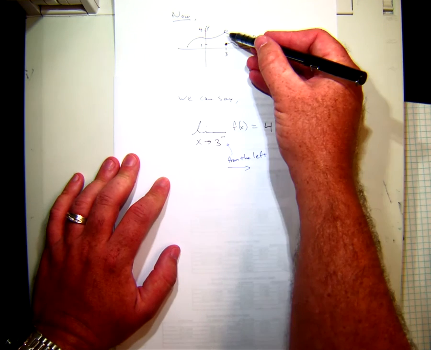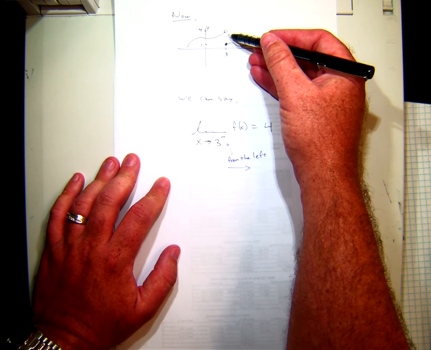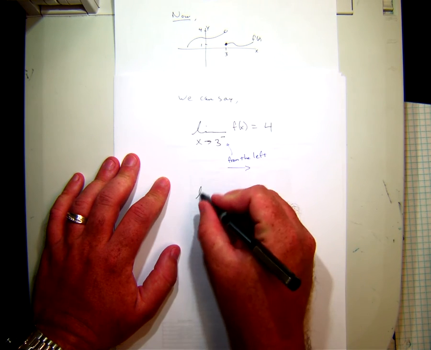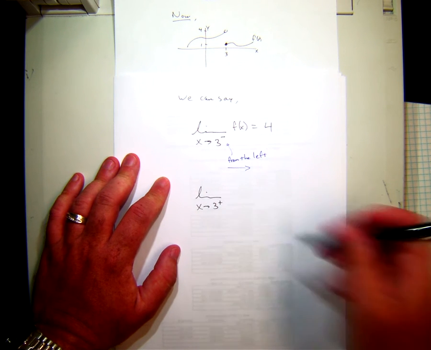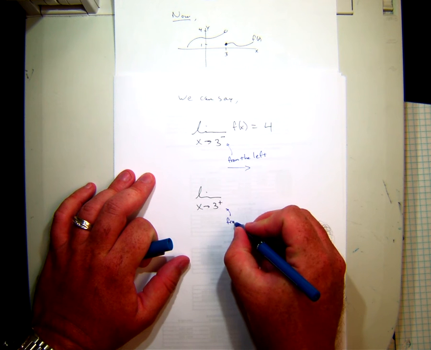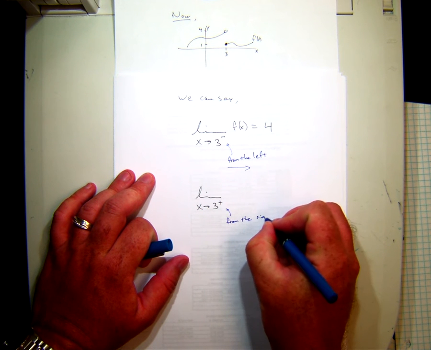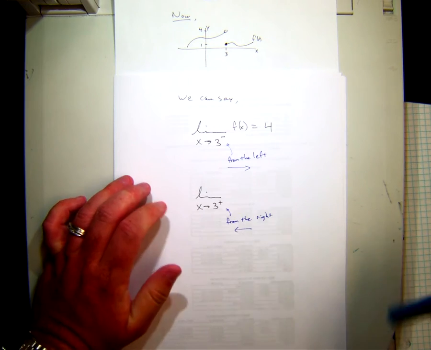Do we ever get there? No. But remember, limits don't care that we never get there. They just want to know what we're approaching. We can also use this limit, the limit from the right. It's a tiny little plus sign there, but it means coming to the value from the right.